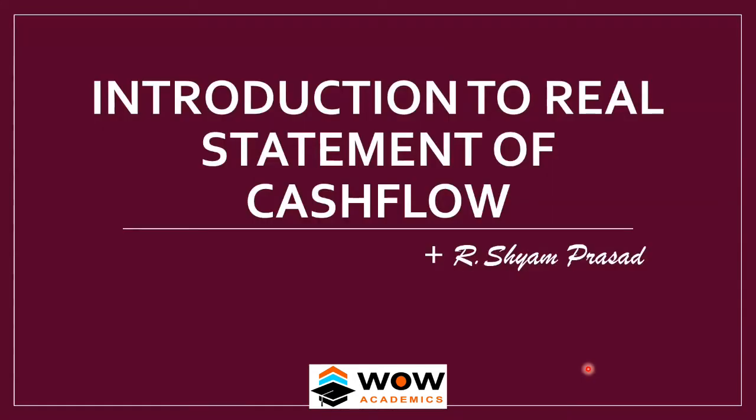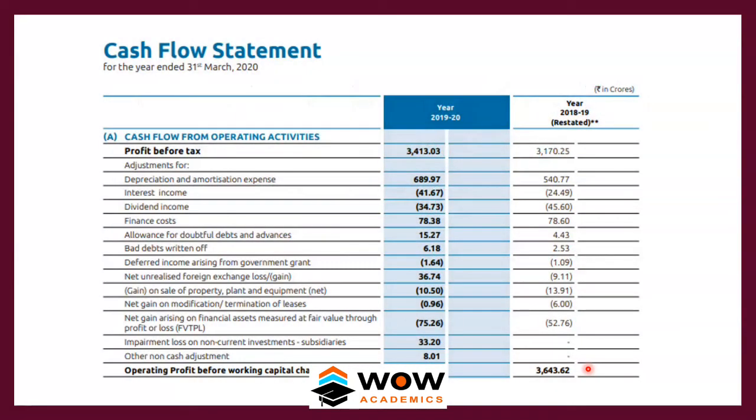And we'll see how a real cash flow statement will look. So this will give you an idea, but don't worry about the detailedness of the real cash flow statement. In real problems you won't have so many complexities. So we'll just look at here. This is a cash flow statement.